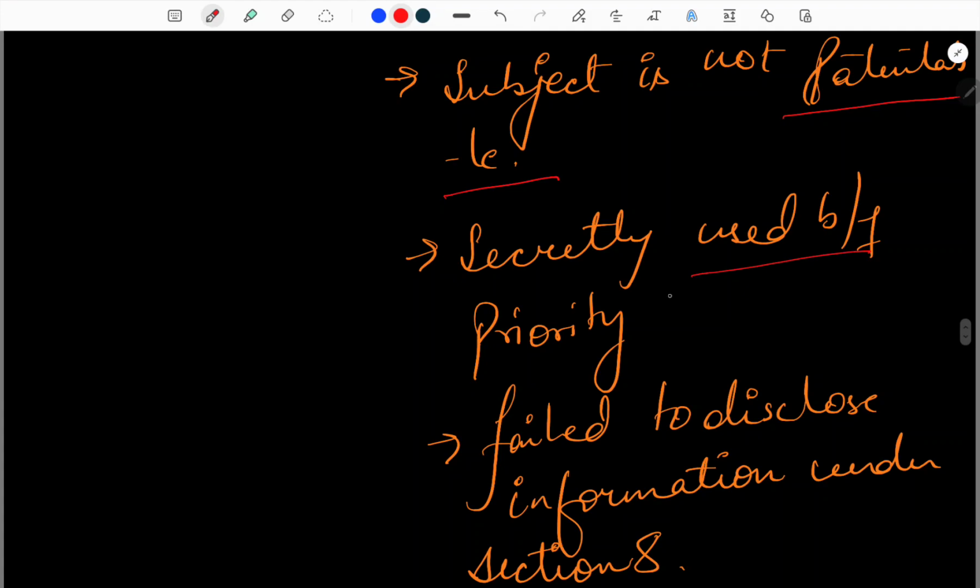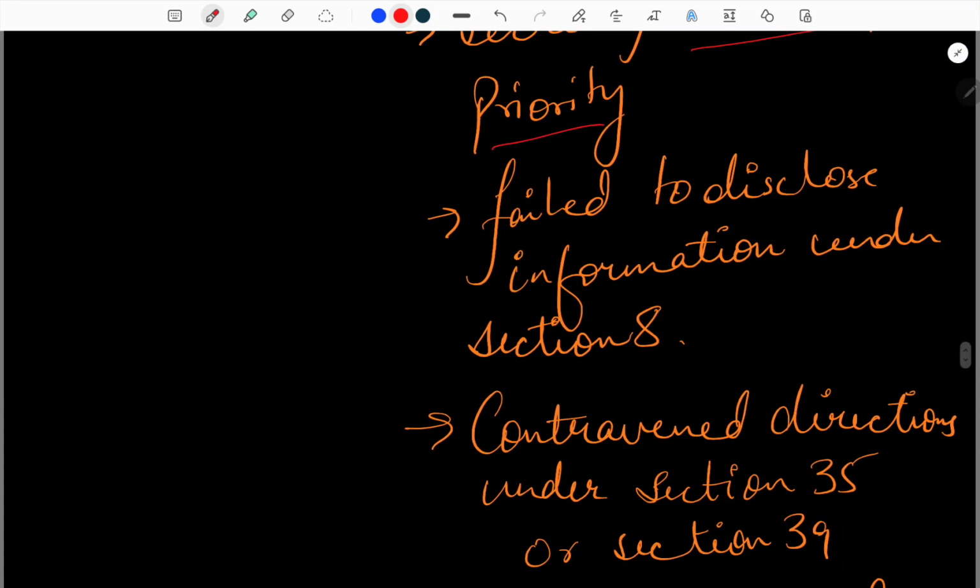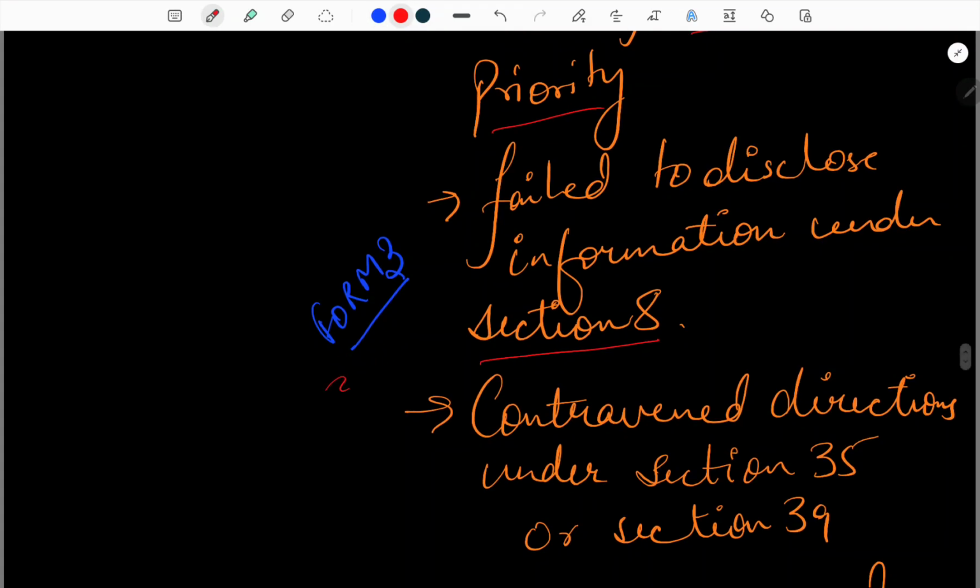Secretly used before the priority, or failed to disclose information under Section 8. Section 8 is the Form 3, and it talks about the undertaking for foreign filings.